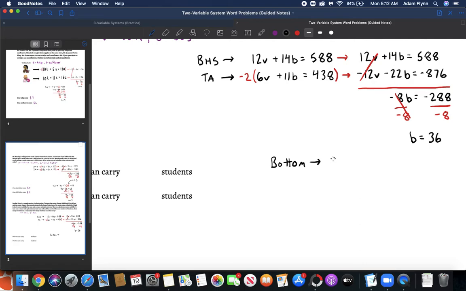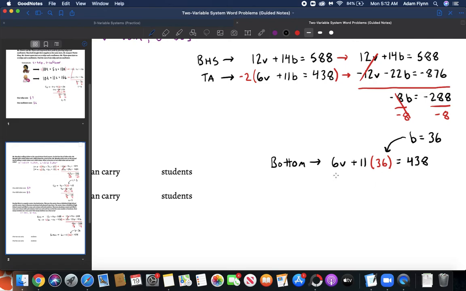So if we use the bottom, we've got 6v plus 11, and instead of b, we've got 36. So we took this number here and plugged it in next to our 11 in for b equals 438.